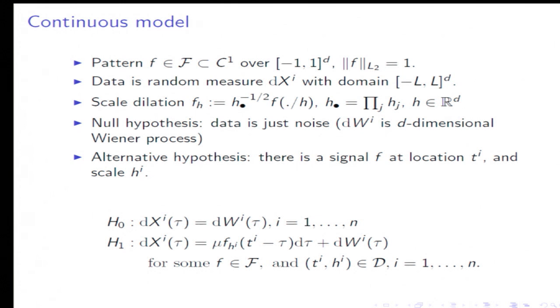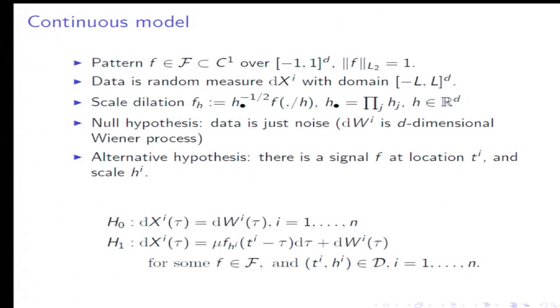There's some pattern f, and we assume it lies within some known class of patterns, capital F. This pattern is supported over -1 to 1 and has 2-norm of 1, so that we extract z-scores when we compute the scan statistic. The data we're going to assume is a random measure.